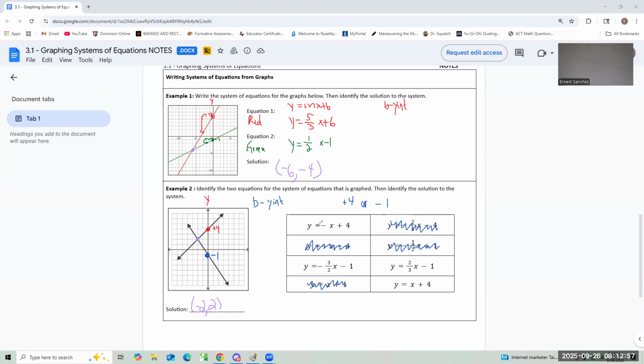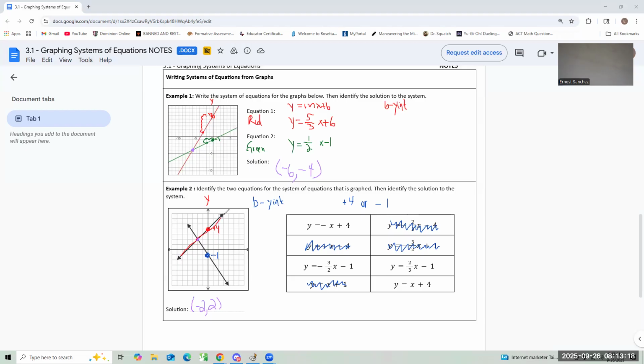So now we just have to figure out the slopes. Do you really have to count this? You could do rise over run. Sure, you could. Or if you think outside the box, you don't have to do any math for this. If you look at your line that has +4, what type of slope is this, guys?